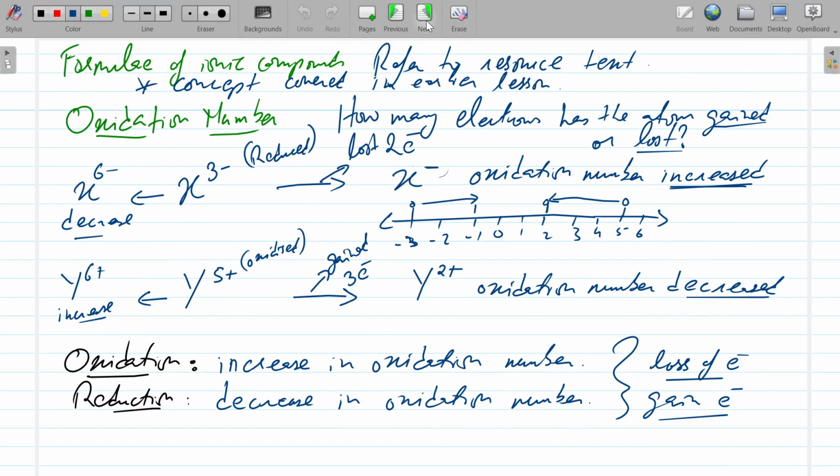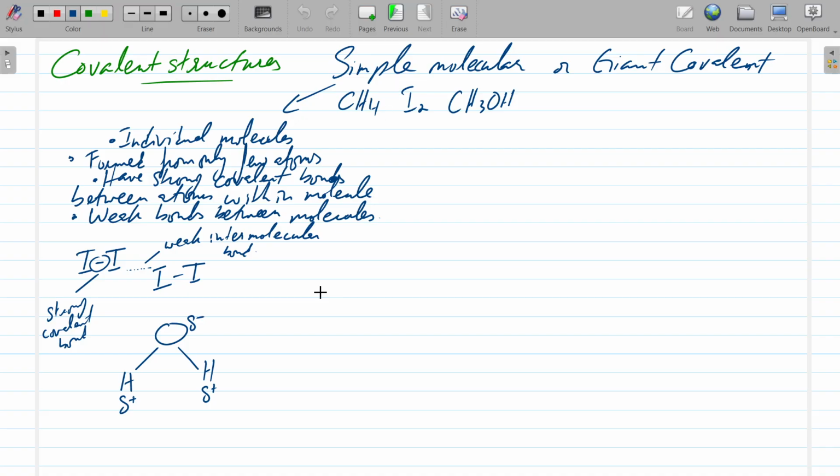So what happens is the iodine molecules aren't really attracted to each other, but the hydrogen atom in a different water molecule will be attracted to the oxygen atom in a water molecule.